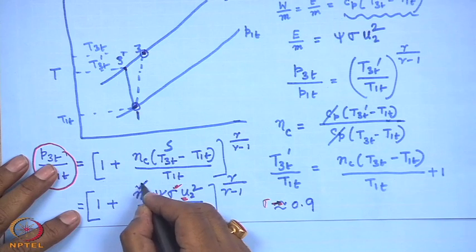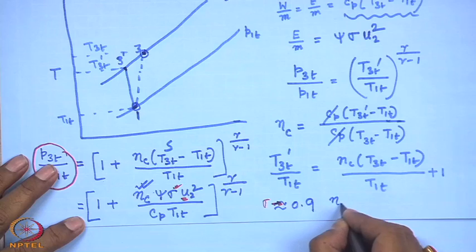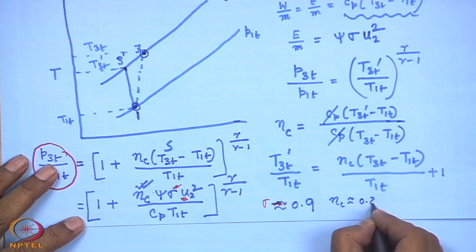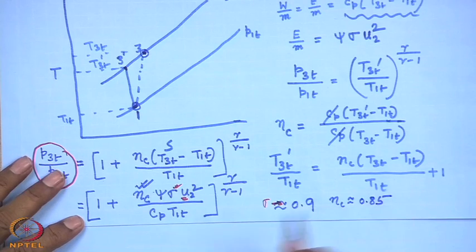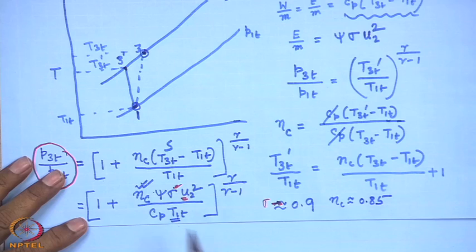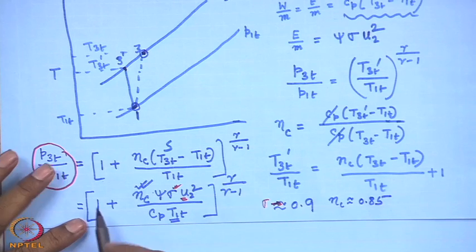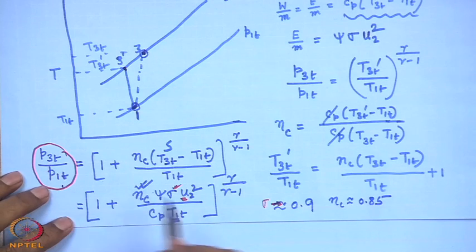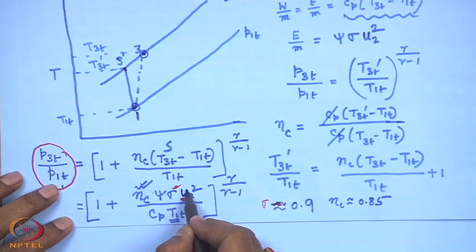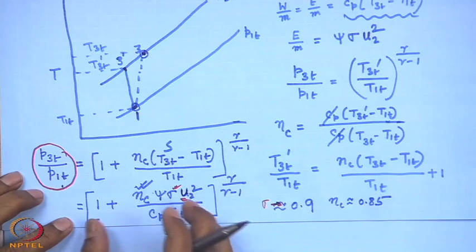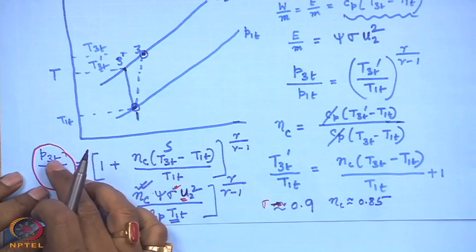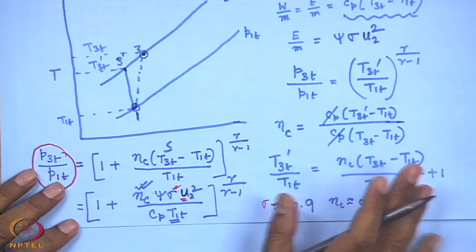Eta C is the compressor isentropic efficiency, this value is almost fixed to something like 0.85. Now, for a given inlet total temperature, we see this pressure ratio is proportional to the impeller speed in this fashion. So, this is a very important relation for the pressure ratio to impeller speed.